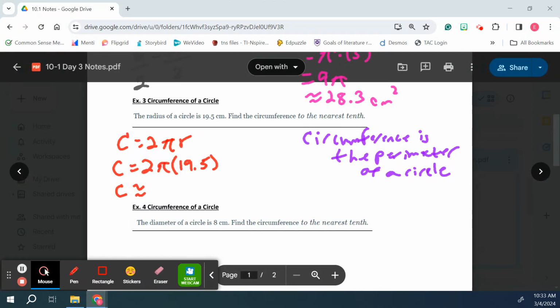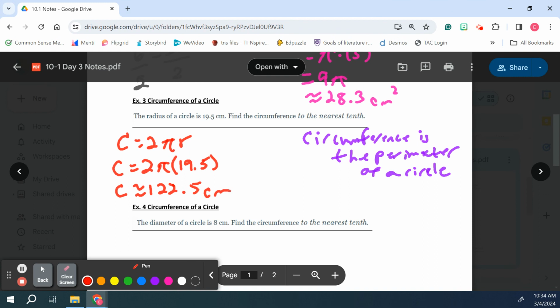Layla? Perfect. So this is 122.5, and we're just going to put centimeters.